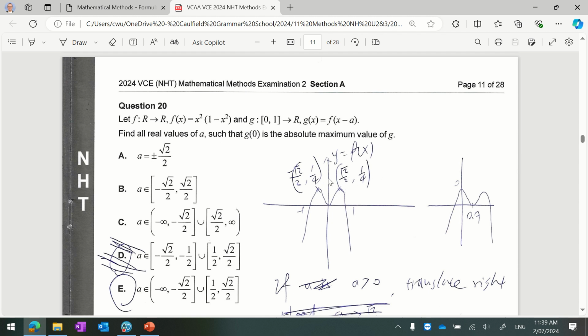Those are going to be important because when we talk about absolute maximum, we almost always have to consider the turning points, the local maximums. So you should know where the local maximums are, even though you are looking for absolute maximums, which can be different. So I should have drawn the graph of f first. I should have told you, but you use your CAS to do this.